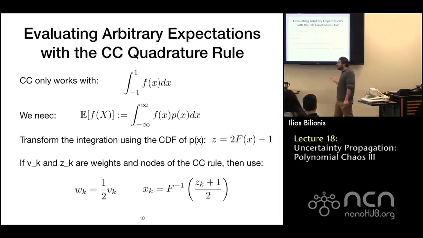Alright, so the CC rule is basically a rule that works when you integrate things from -1 to 1 with a weight function that is basically equal to 1. So whenever you want to estimate an expectation, you need to transform this integral to an integral between -1 and 1, and you can do that in any way you like.